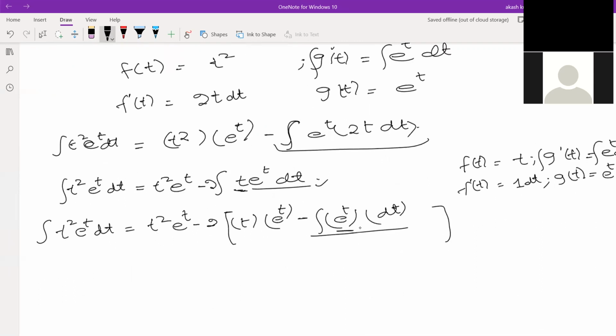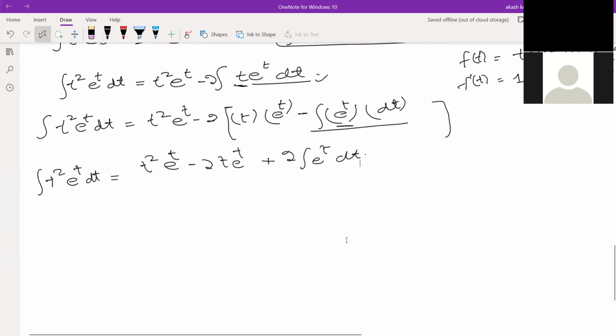Okay. Now we just need to simplify it. So the integral of t square et dt equals t square et minus 2t et, minus becomes plus, 2 times the integral of et dt.